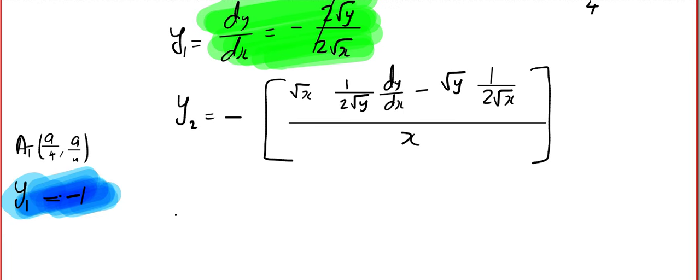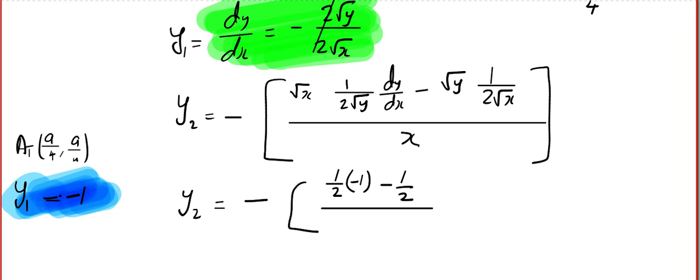Okay, now let's plug this into our y2. So root a by 4 by root a by 4, this will get cancelled. So we get 1 by 2 and dy by dx is minus 1, we calculated now. Minus, this will get cancelled and again 1 by 2.